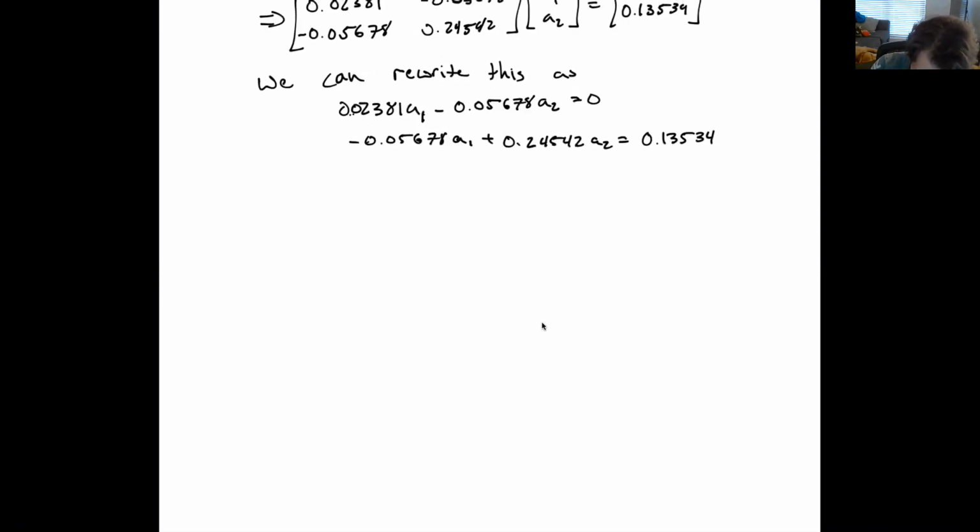All right, so from the first equation here, we'll get that A2 is equal to 0.02381 over 0.05678 times A1.